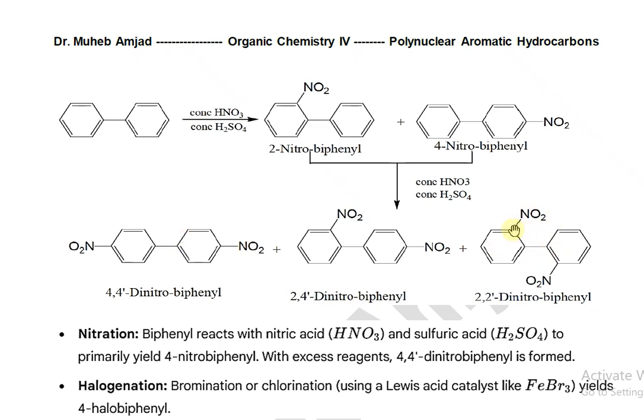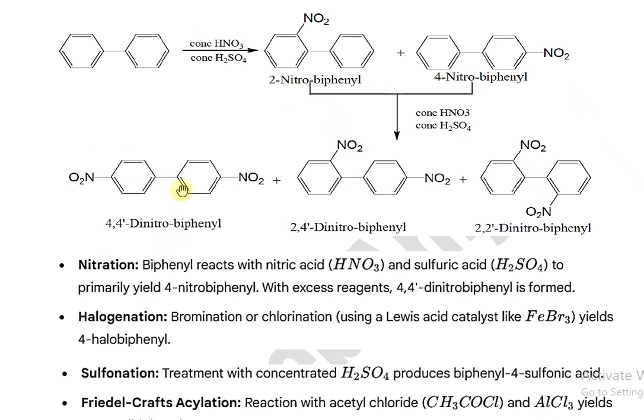If we use percentages, maybe this one will be, for example, 50%, this one maybe 30%, and this one 20%, like that. This is the lowest percentage yield here, and this is the higher percentage yield.